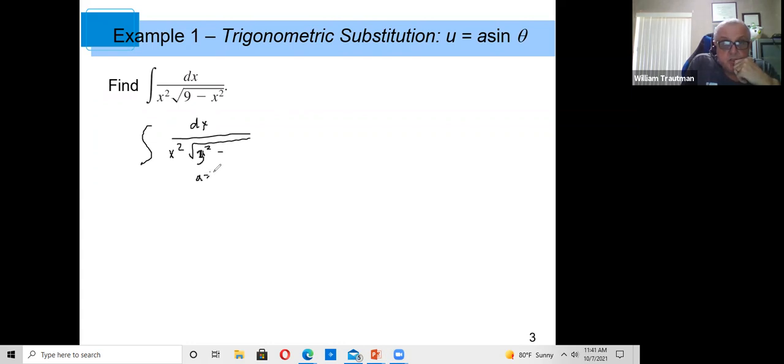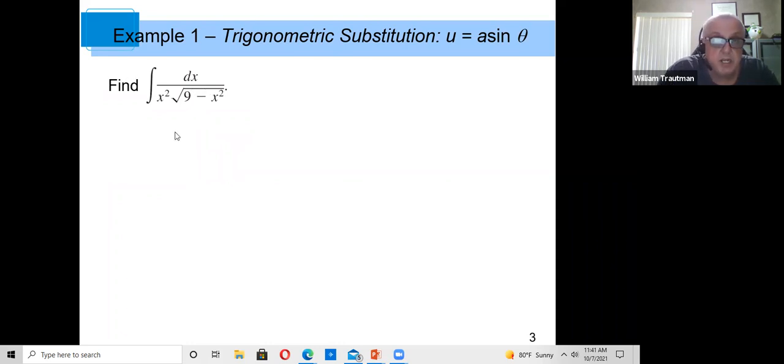So a is 3, and then x squared, and u is x in this case.